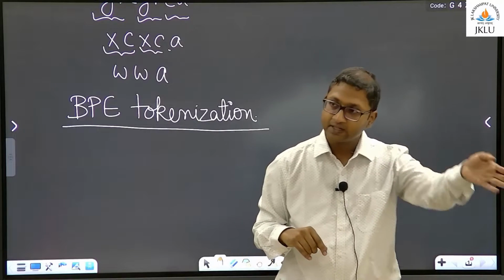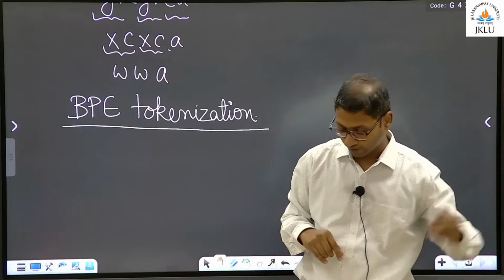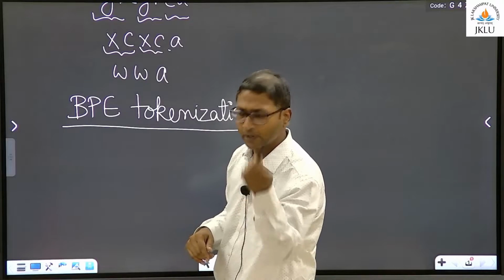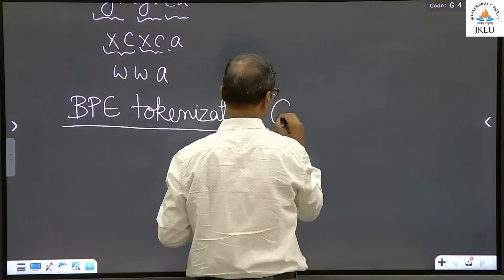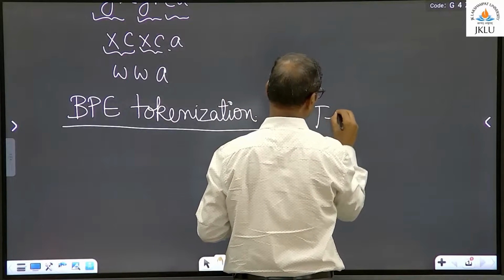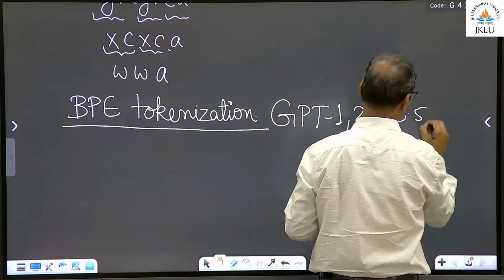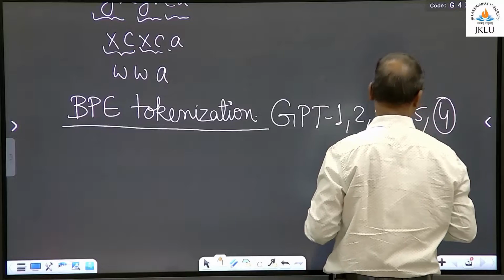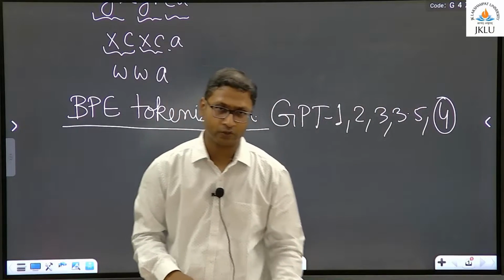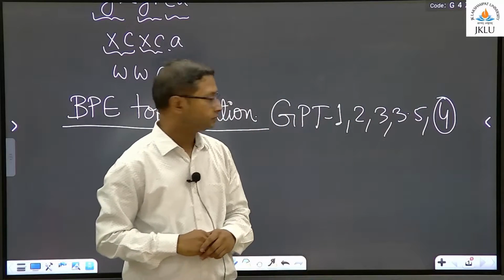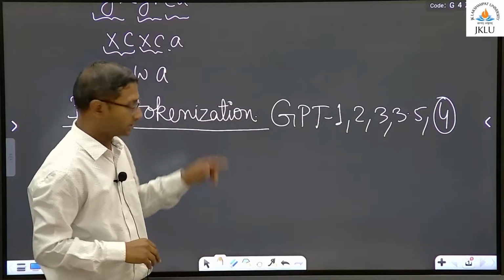On the other hand, you have BERT. GPT-1, 2, 3, until here I know; 4 I am not sure because nobody knows what 4 is doing, but I would assume it is still the same.